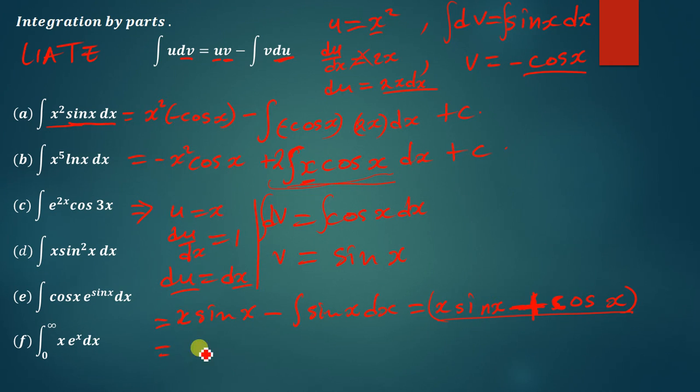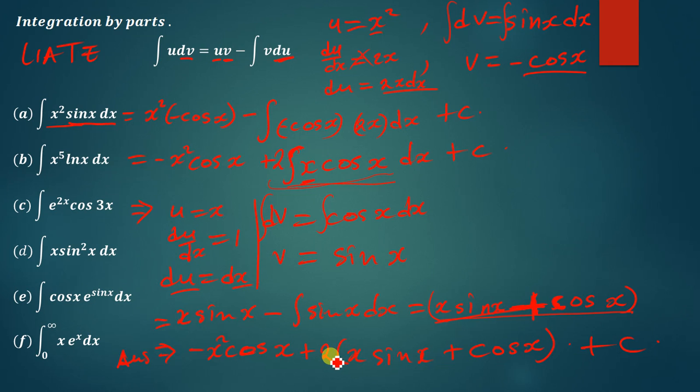That's going to be our final answer. So the final answer is now going to be equal to negative x squared cos x, and then of course there's a plus there, so we're going to have plus 2 open brackets, then we'll replace that of x sine x plus cos x, and then we have plus c this side.